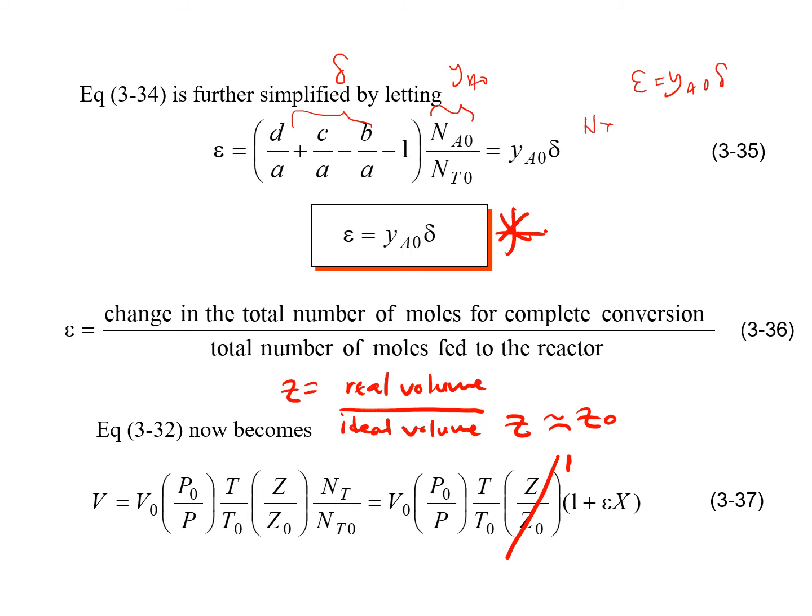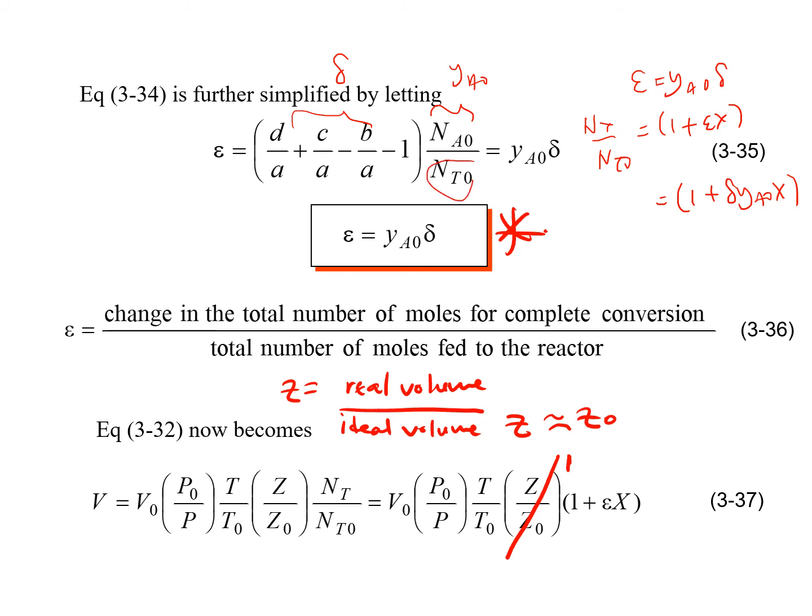So NT over NT0 is equal to 1 plus epsilon x, meaning 1 plus delta YA0 times x. Epsilon is defined as the change in the total number of moles for complete conversion, divided by the total number of moles fed to the reactor.